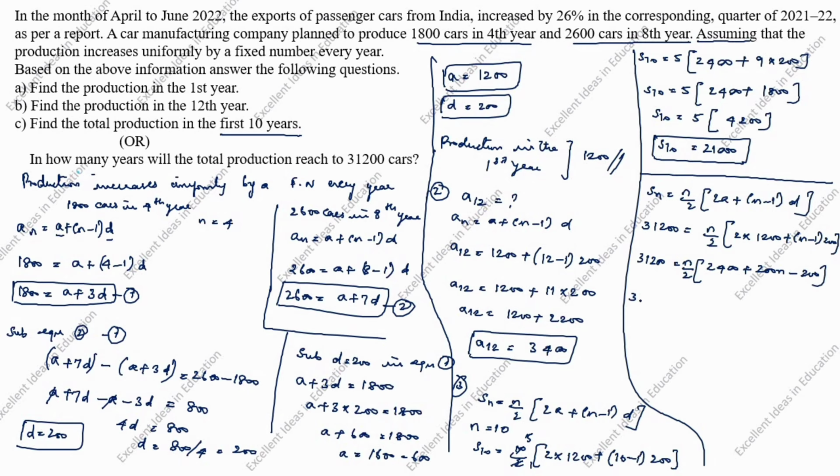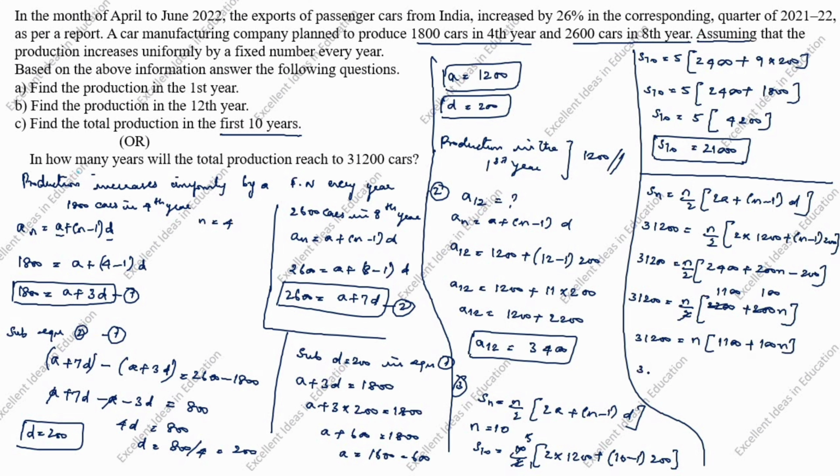Next, 31,200 is equal to n by 2, open the bracket, 2400 minus 200 is 2200 plus 200n. This 2 cancel, 1100, this is 100. Next is 31,200 equal to n, open the bracket, 1100 plus 100n.